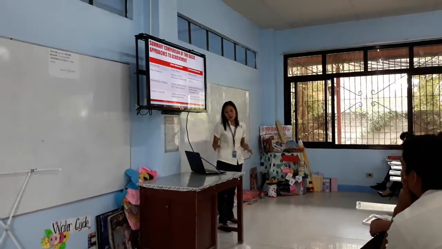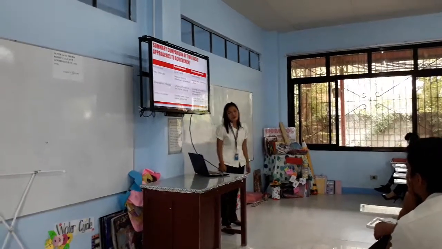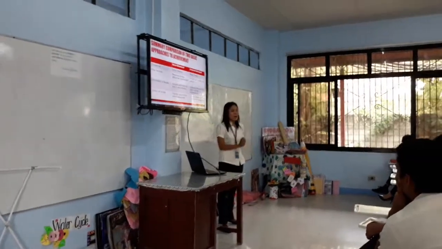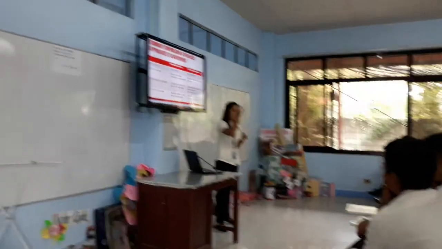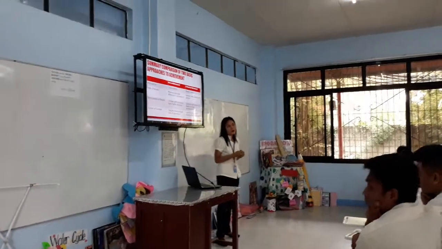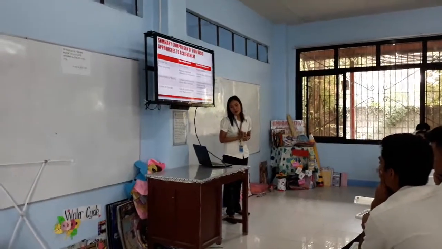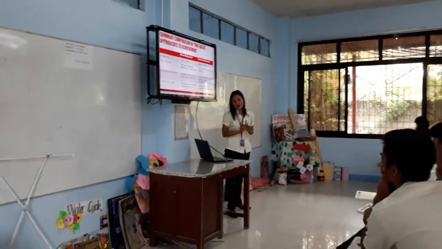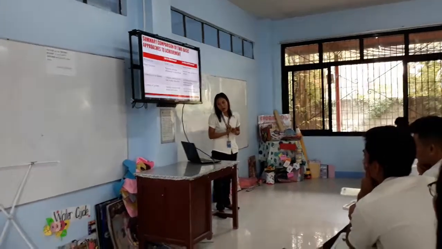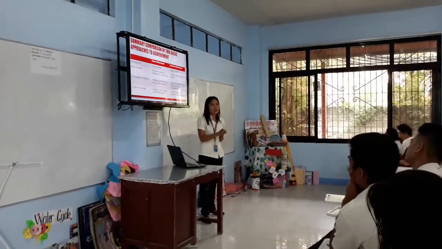Next, interpretation of results. Compare performance to that of other individuals. Of course, you compare. After you grade, that's why you have ranks. Next, compares performance to a clearly specified achievement domain. It's understandable. Content of norm reference typically covers a broad area of achievement, while criterion reference typically focuses on a limited set of learning tasks.